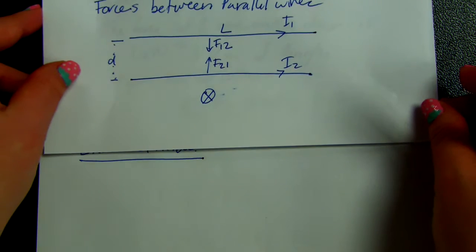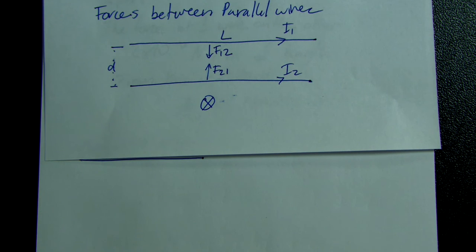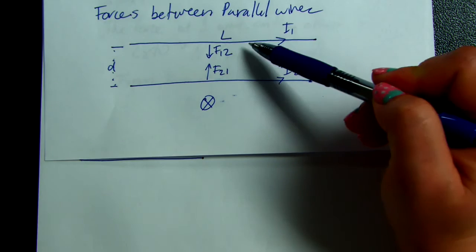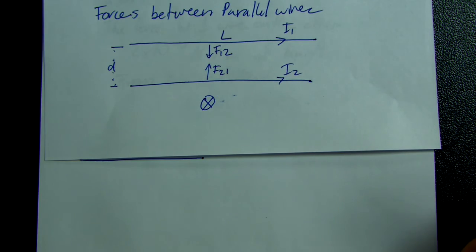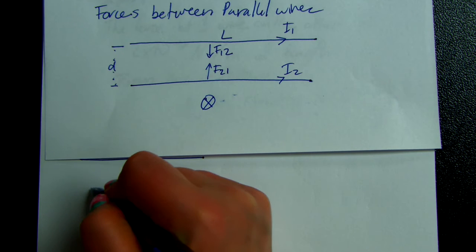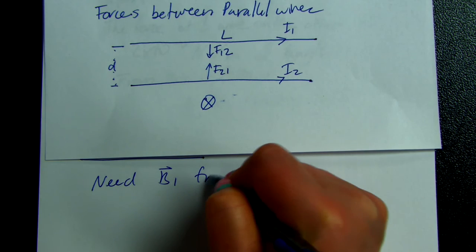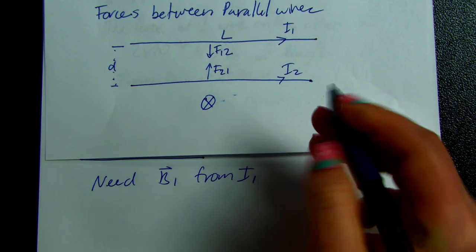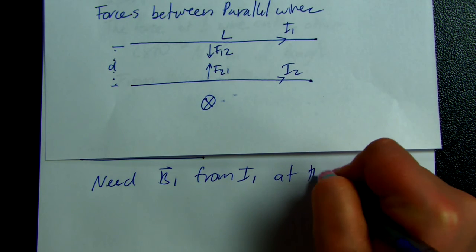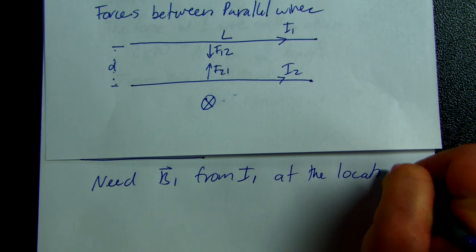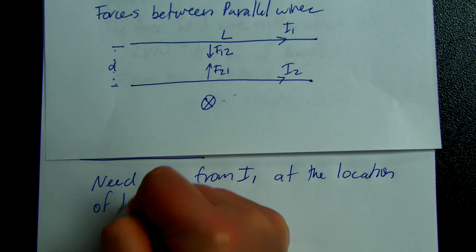Okay, so let's go back to our parallel wires. So here's the picture that we were looking at last time, and we want to look at the force from the upper wire on the lower wire. So we're going to need B1 from I1 at the location of the lower wire.